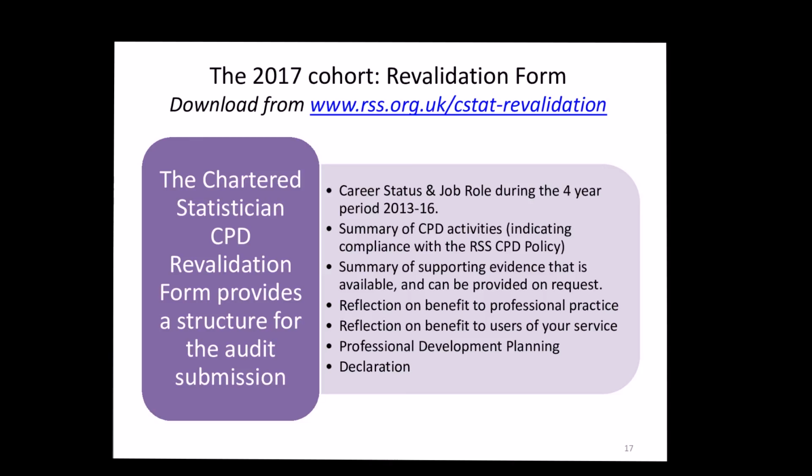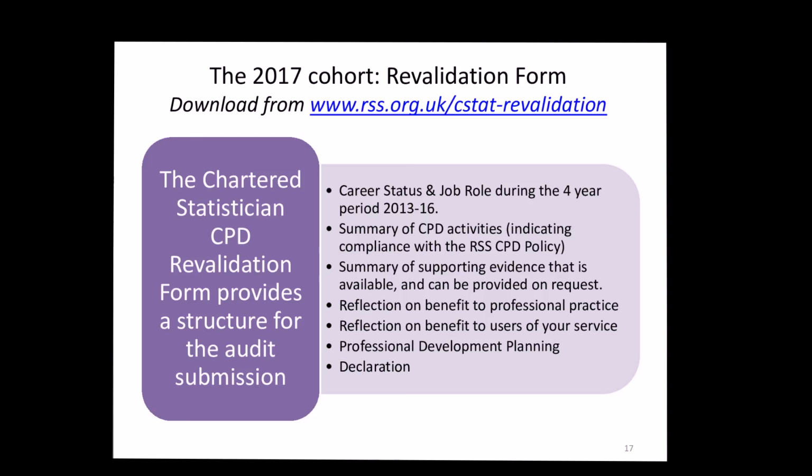So to reiterate, if selected for audit, the audit submission will need to be provided by the end of June, and the panel of assessors will provide feedback by early September. Now, what I've focused on here, as well as the general revalidation process, are the specifics for the CStat revalidation process.